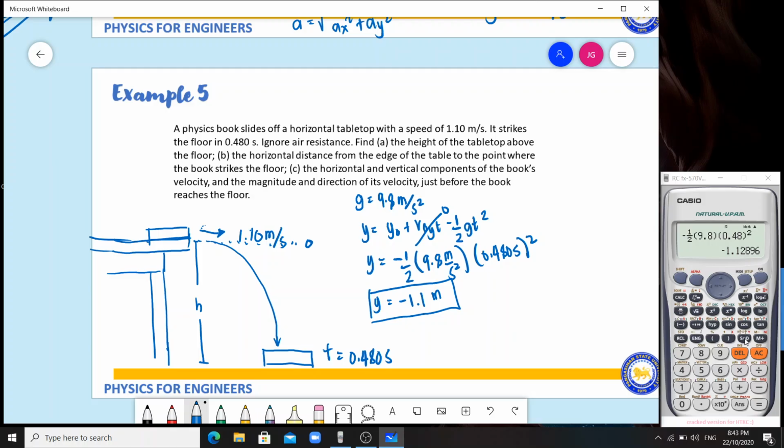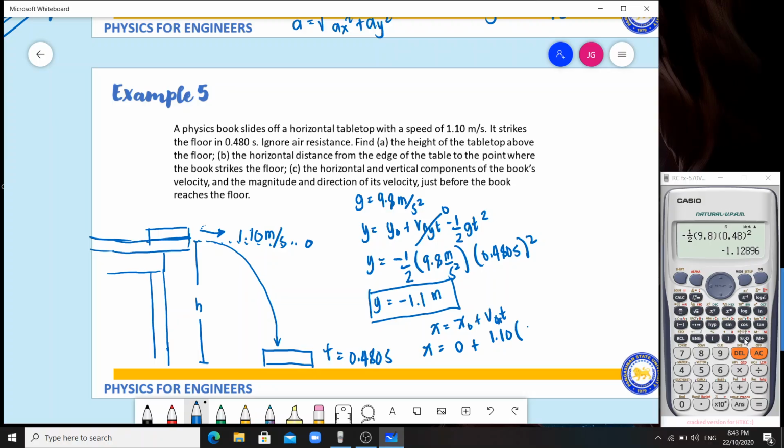Okay. And B, the horizontal distance from the edge. So, horizontal naman, di ba may formula tayong x equals x0 plus v0x t. Wala tayong acceleration na horizontal. So, x is equals to 0 plus v0x t is 1.10. Okay. V0x yan.